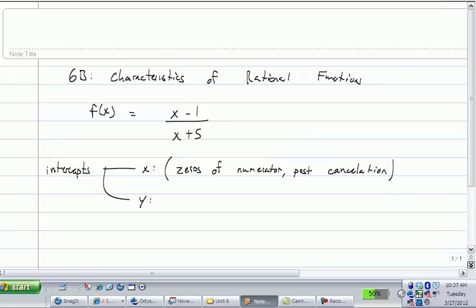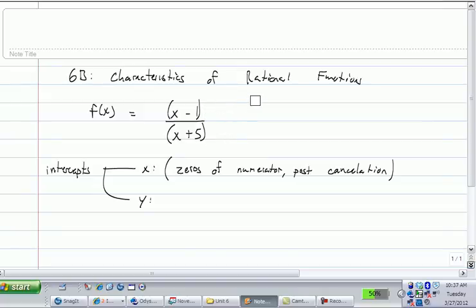In the problem I gave you, you'll notice there's nothing that canceled out in the numerator and denominator. But maybe the problem had an x minus 4 on the top and bottom. You'd first cancel those out, and then look at the zeros of the numerator.